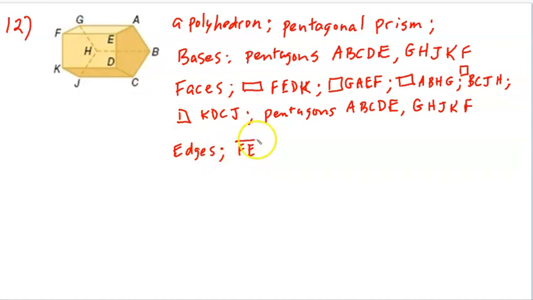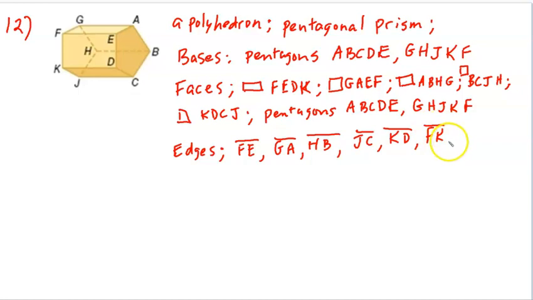So F, E, G, A, H, B, J, C, K, D. FE we already got, okay, and then we'll go these vertical edges, so FK, FG, GH, HJ, and JK.